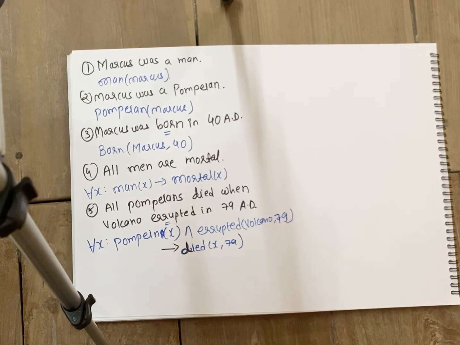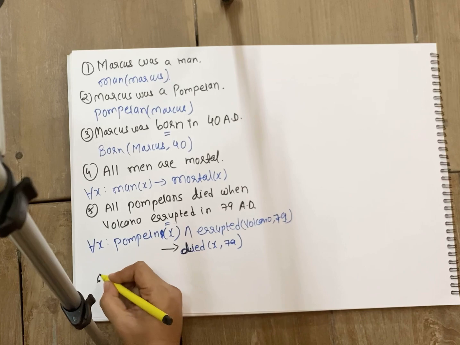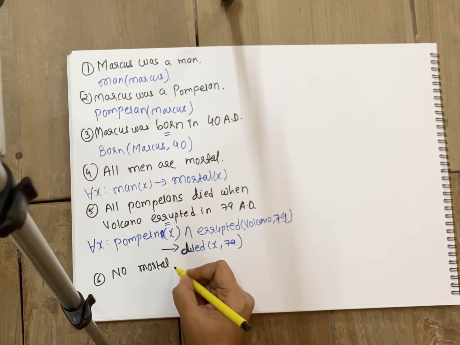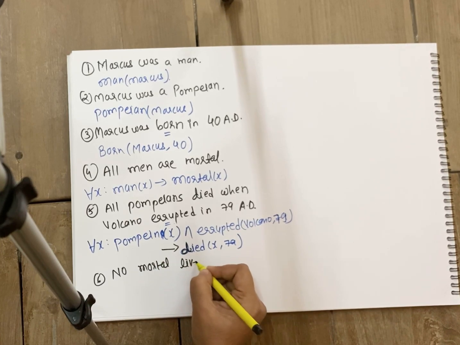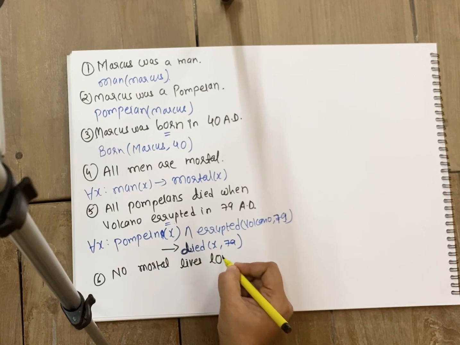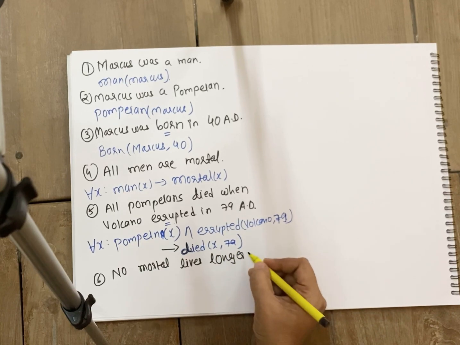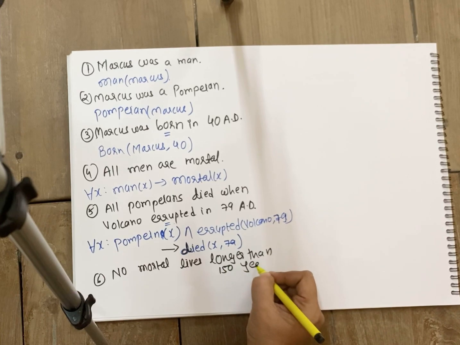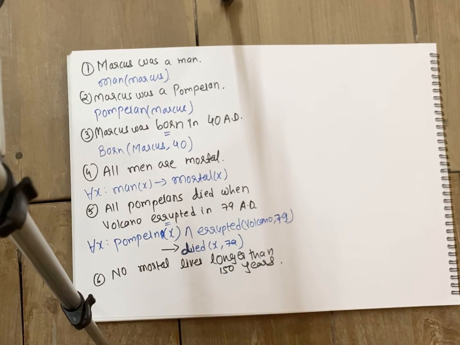The sixth one. What does the sixth one say over here? No mortal lives longer than 150 years.